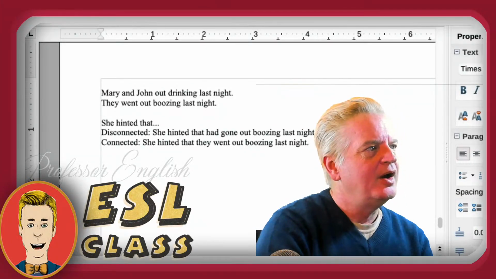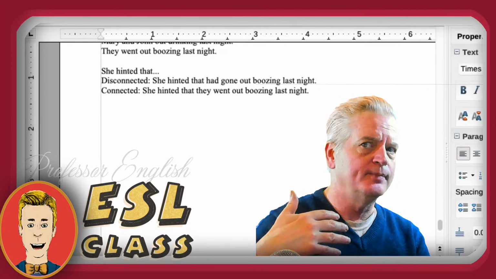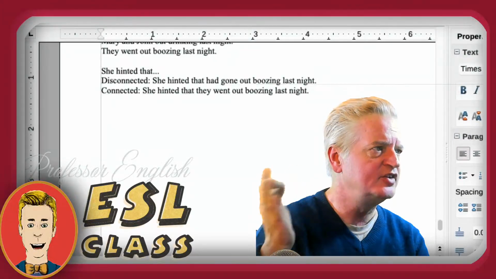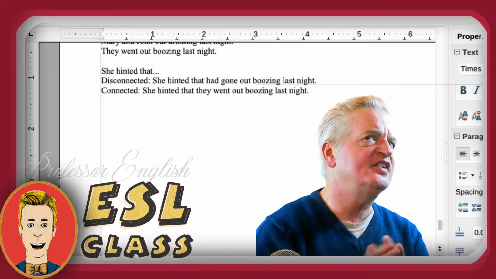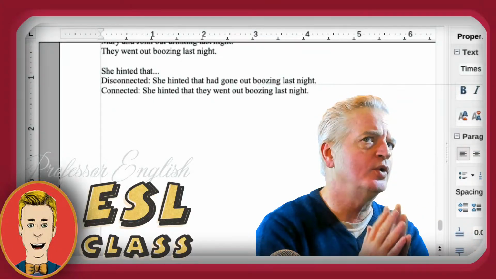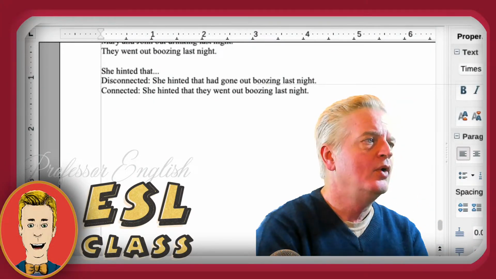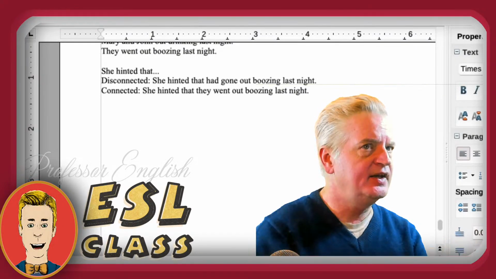The first one, the disconnected one, is what you normally do with reported speech. You change the past to past perfect. It's kind of neutral, but it's disconnected. There's no relationship between you and the event. When you say it like number 2, connected, you are in the experience, while it's happening.